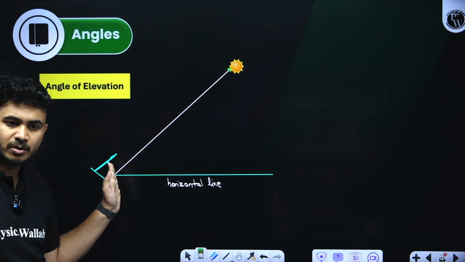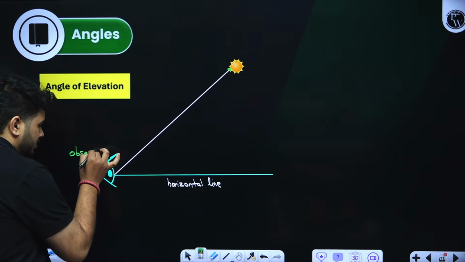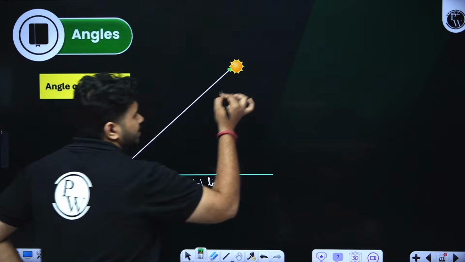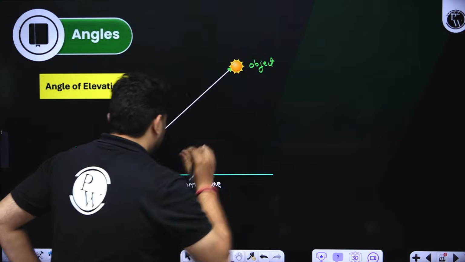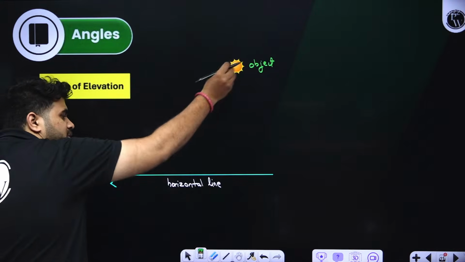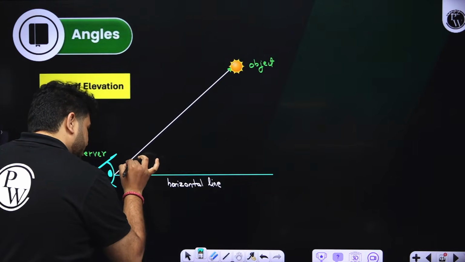this is the observer, and this is nothing but the object. Now the observer, what is he doing, students? He is observing the object which is above his horizontal line of sight.